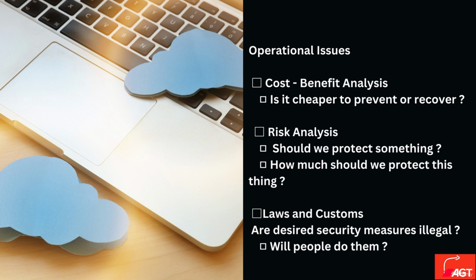It entails weighing the expense of putting security measures in place against the possible advantages they present. Benefits could include decreased risk of data breaches, more consumer trust, and regulatory compliance, while costs include hardware, software, and staff costs. Based on the prospective advantages and disadvantages, the study aids businesses in setting priorities for their security investments.